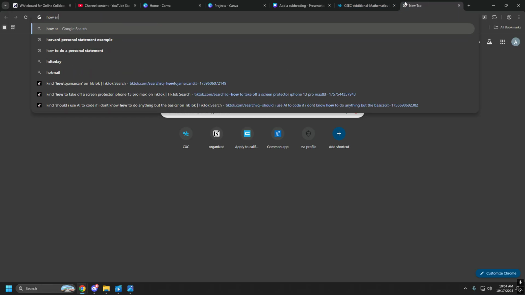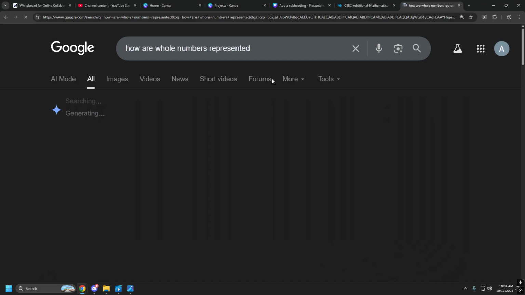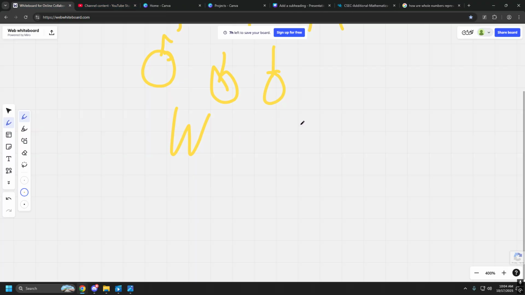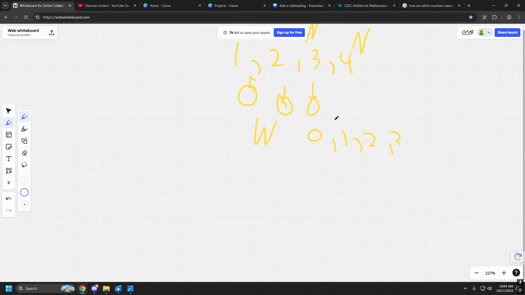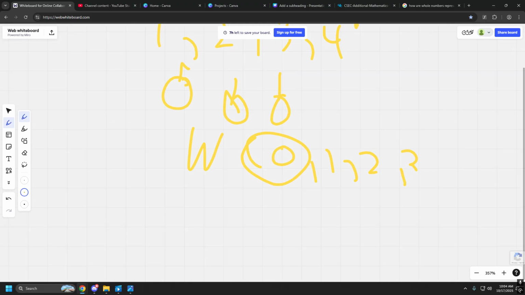How are whole numbers represented? Yeah, as you can see, it was W. Actually, I knew it was W, but I wasn't sure. So whole numbers are 0, 1, 2, 3. The main difference between natural numbers and whole numbers is that you can now represent 0.